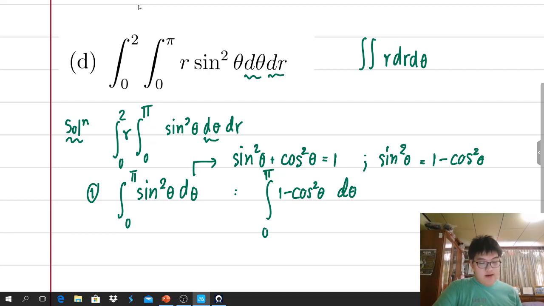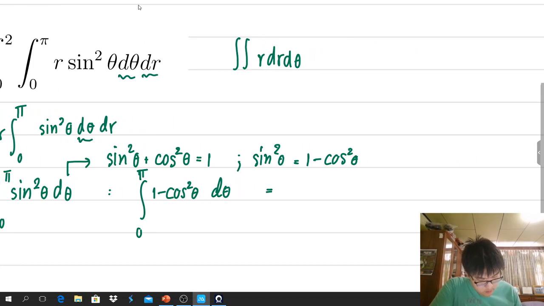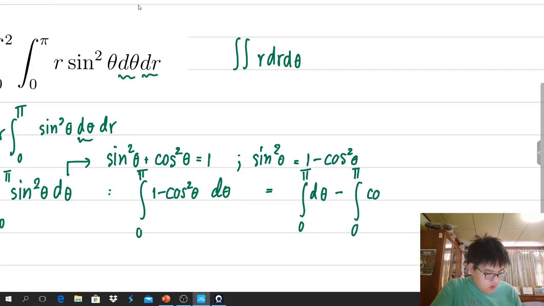You can see here, I will change the form. Then this one you will have to integrate separately. We will get the integral from 0 to pi of d theta minus the integral of cosine squared theta d theta. And then you look at this.